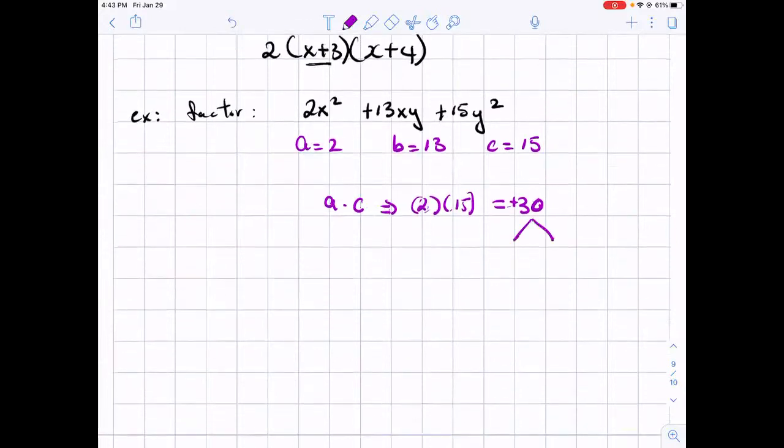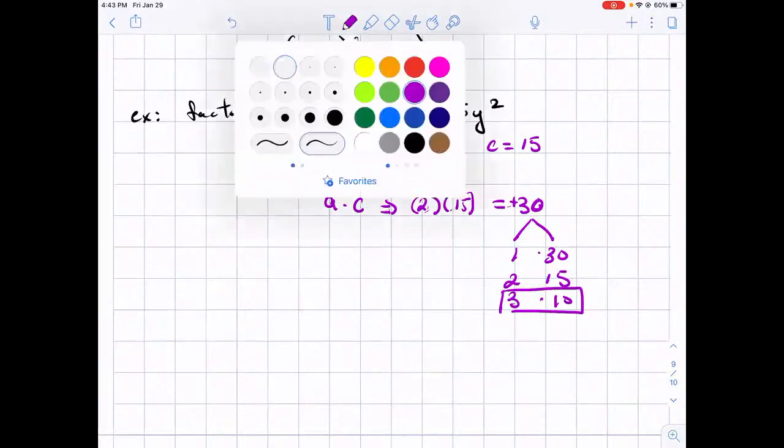What are the factors of 30? 1 and 30, 2 and 15, 3 and 10, and notice 3 and 10, if you add them, give 13. So I'm going to replace this.